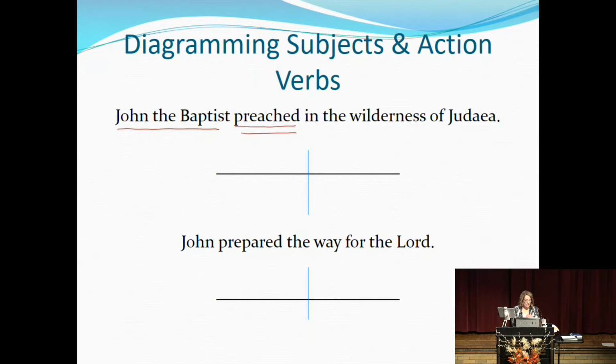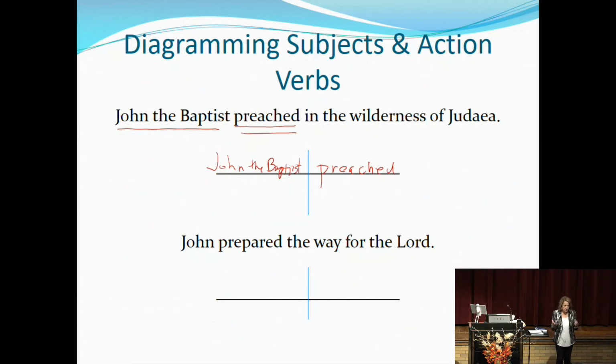And for me, I always like to go in the order that I find my parts of speech. So I write on my line, preached. And I write on my subject line, and I retain the capitalization, John the Baptist. Now when you're submitting your diagramming to me, you have a couple options.